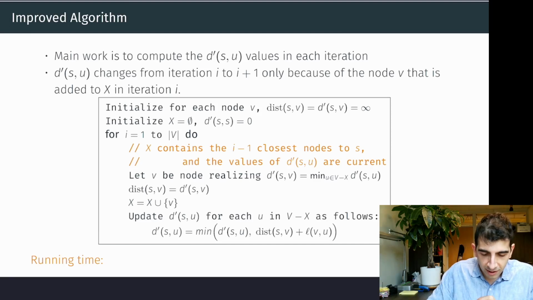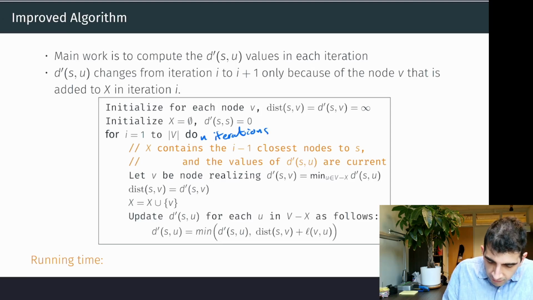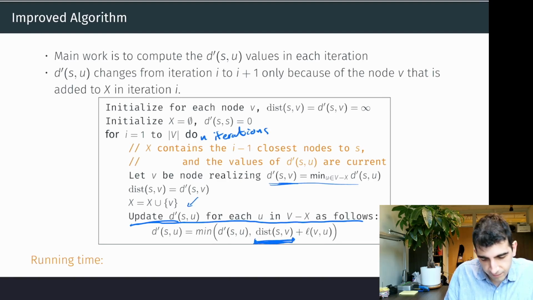So the new algorithm looks like you have n iterations of a for loop, and then you find the minimum vertex that's in v minus x, and then you add it to x, and then you update d prime for each u that is adjacent to v.